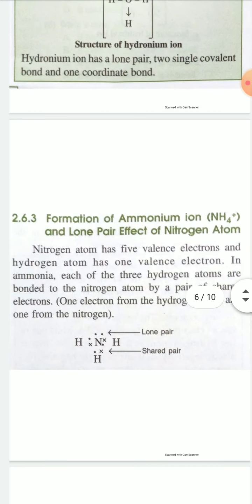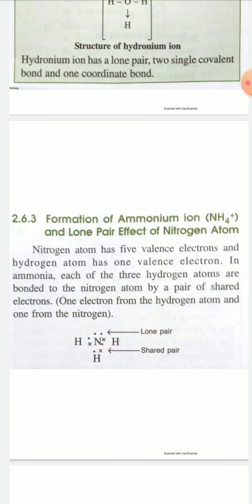Now, formation of the ammonium ion. Similarly, I have told you that in ammonia, nitrogen has one lone pair of electrons, and this lone pair of electrons can form a coordinate bond with another H plus ion, because the H plus ion has a deficiency of electrons.